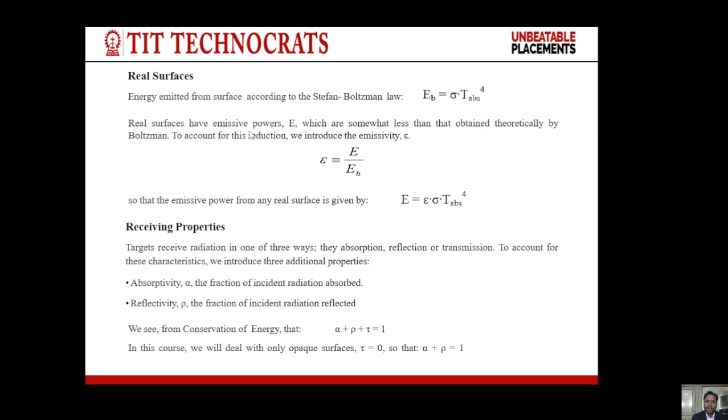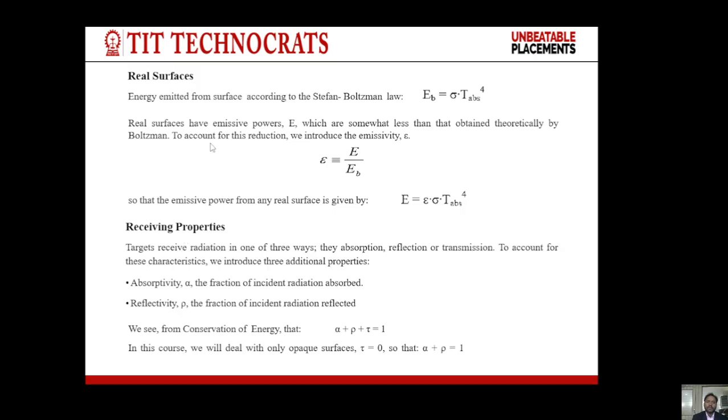A real surface has emissive power E somewhat less than that obtained theoretically by Boltzmann. To account for this reduction, we introduce emissivity epsilon, which is E upon E_b, where E is for a real surface and E_b is for a black surface. So the emissive power from any real surface is given by E equals epsilon E_b.